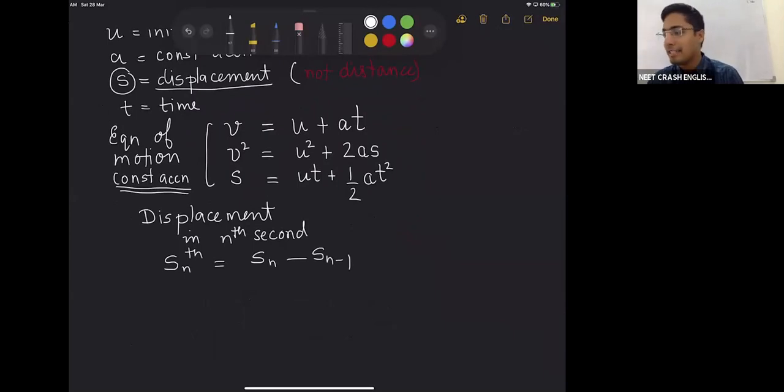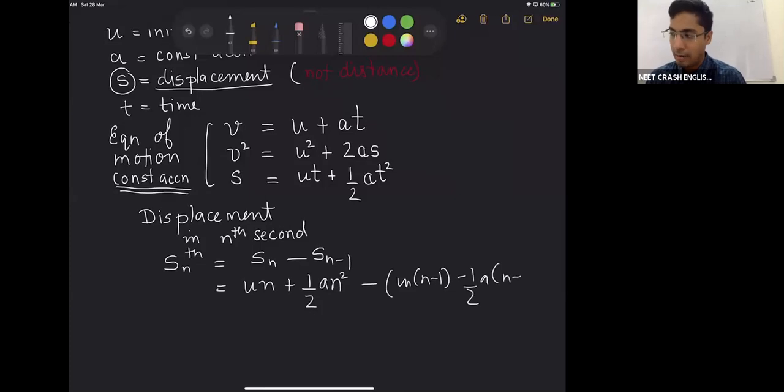Sn is un plus half an square, minus u(n minus 1) minus half a (n minus 1) square. So this basically becomes u plus half a times n square minus (n minus 1) whole square, which is n square minus 2n plus 1.